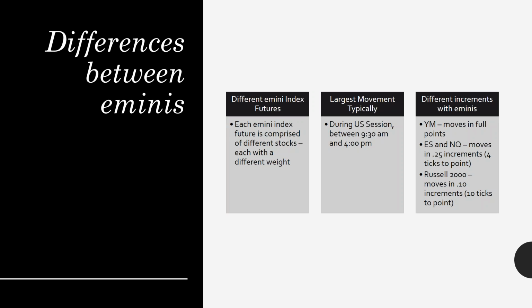So this is really predominantly for the U.S. index. Now, you also have different increments with the E-minis. For example, the Dow Jones moves in full points. The ES and NASDAQ move in quarter increments, and 4 ticks equals a point. The Russell moves in 10-cent increments, and there are 10 ticks to a point.